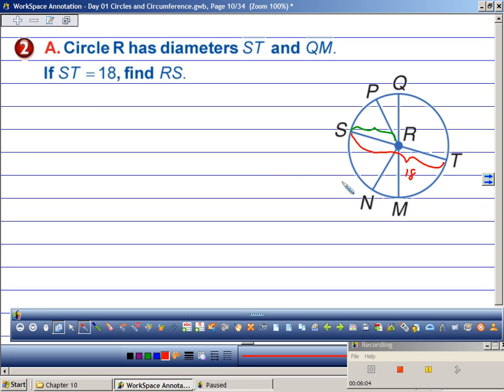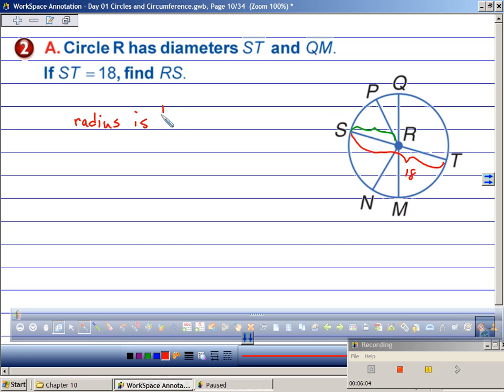So basically, we need to define the fact that a radius is half the diameter. This should all be reviewed, correct? Yes. Radius is half the diameter. So, R equals half of D is my formula.